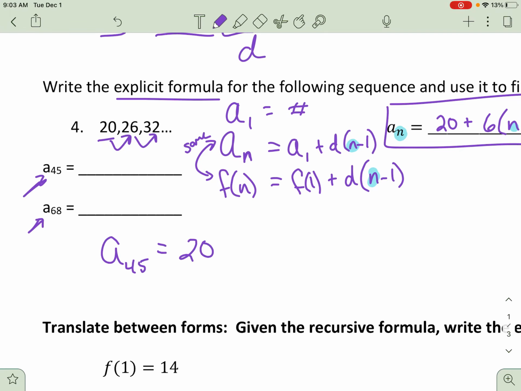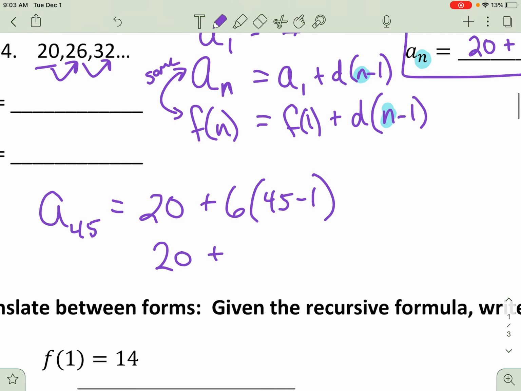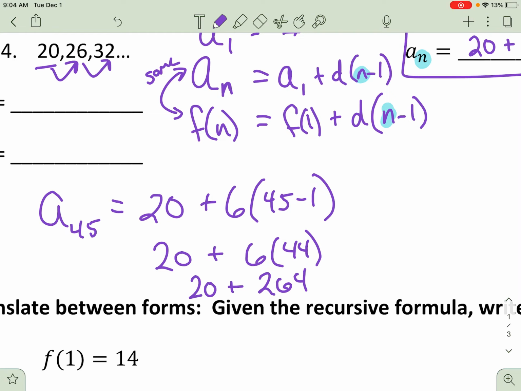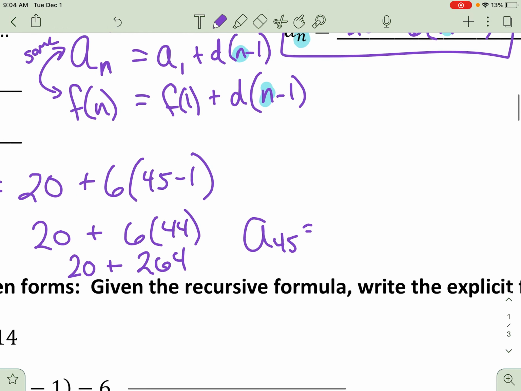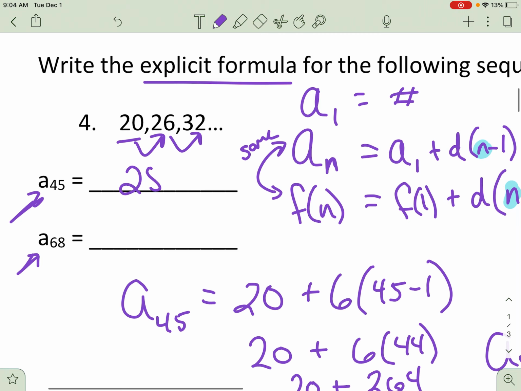So we have the 45th term is equivalent to 20 plus 6 times 45 minus 1. So 20 plus 6 times 44. 6 times 44 is 264. And so therefore, the 45th term of the arithmetic sequence would be 284 when you add those two together. So that's the answer right there.